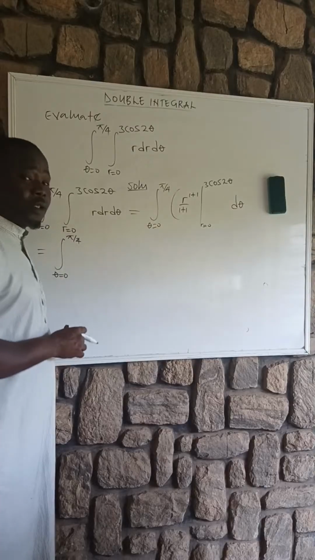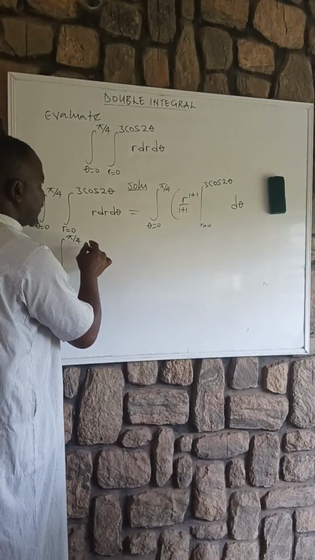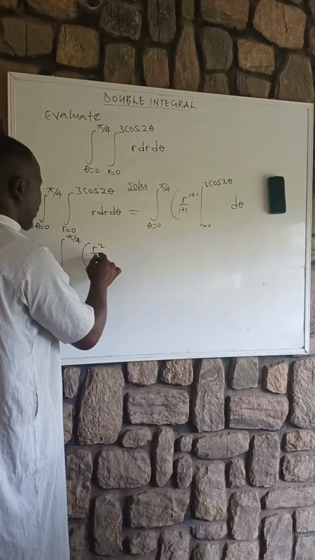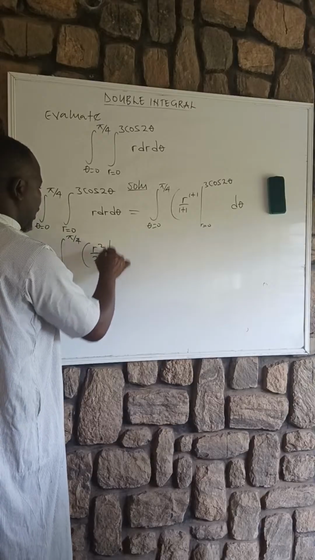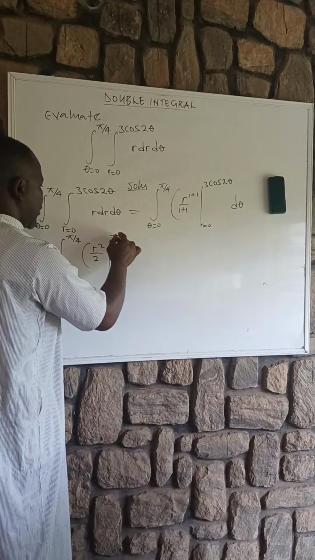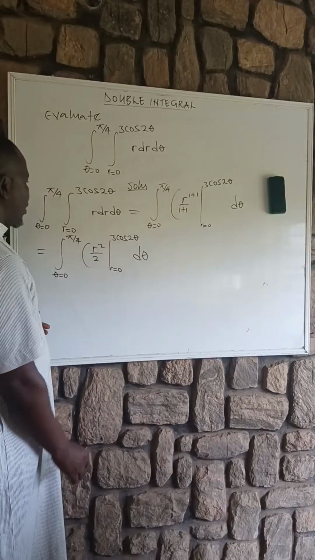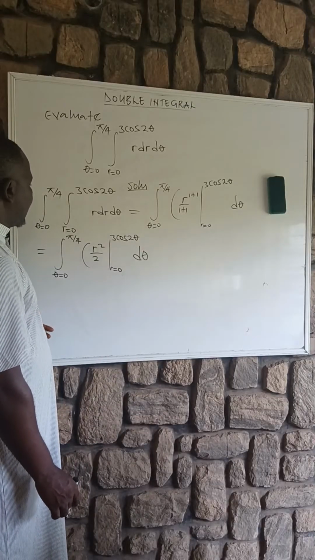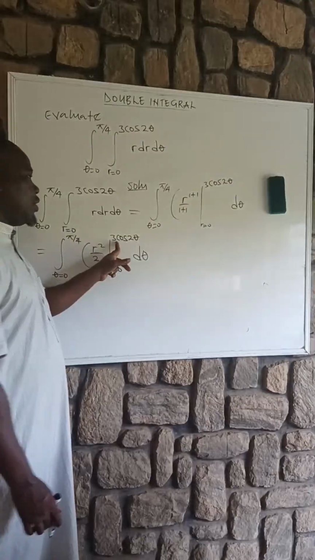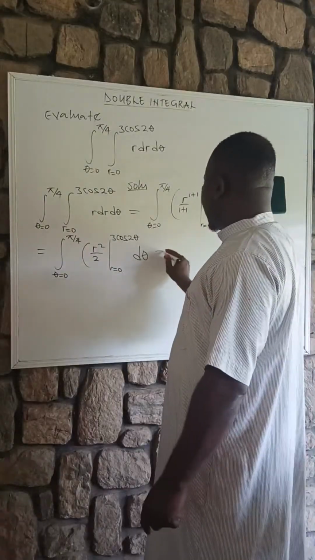Open bracket, r squared over 2, evaluated at r from 0 to 3 cos 2 theta, d theta. Anywhere we see r, we are going to subtract the lower limit from the upper limit.